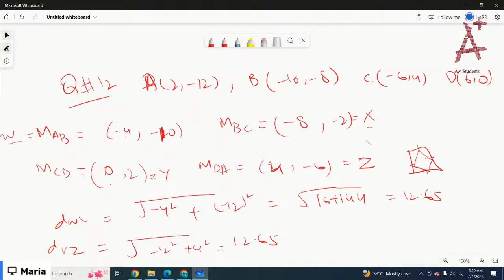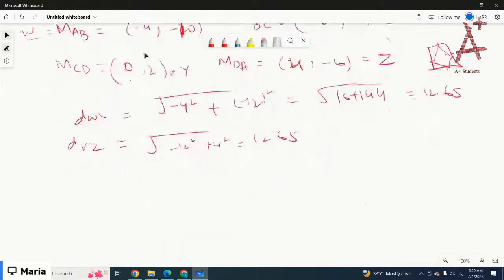Okay, the same way you have to calculate the other two distances. The distance WX: negative 4 minus negative 8 is 4 squared, plus negative 8 squared.